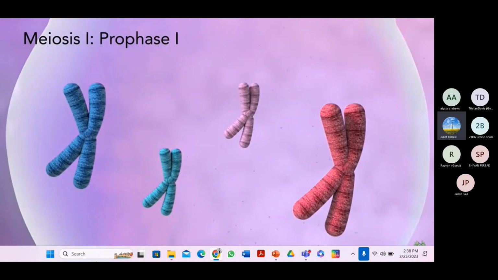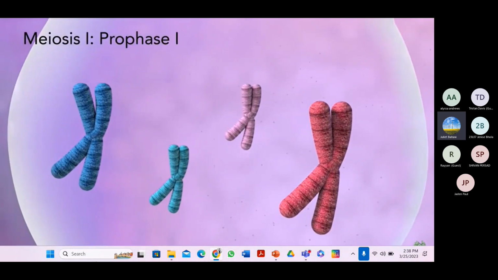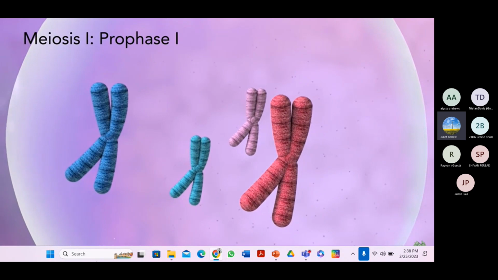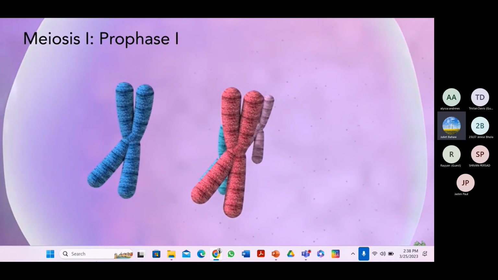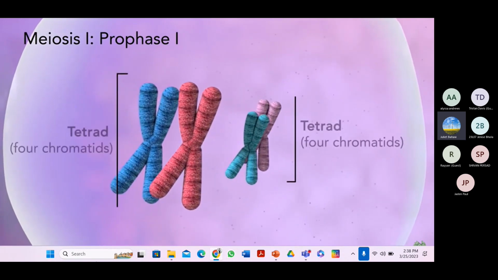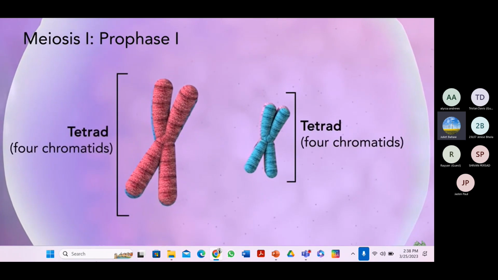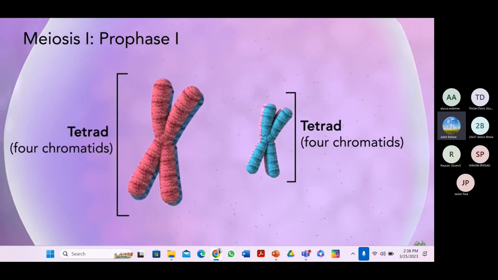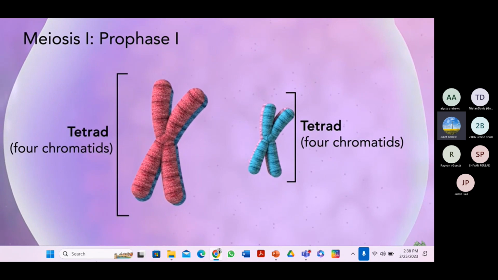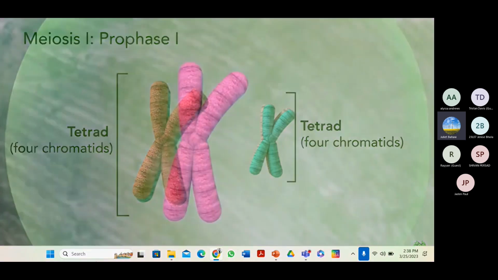In a process called synapsis, each chromosome pairs up with and binds to its corresponding homologous chromosome, forming a tetrad. A tetrad is the group of 4 sister chromatids in paired homologous chromosomes.